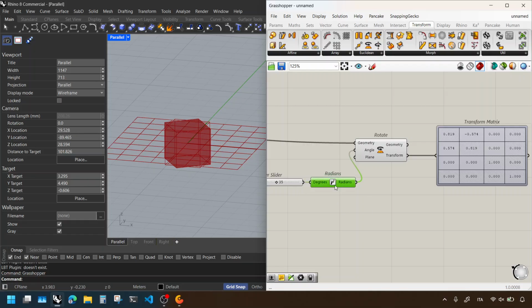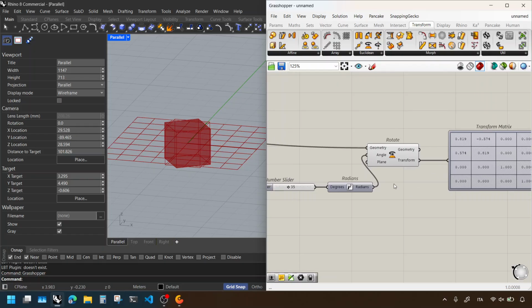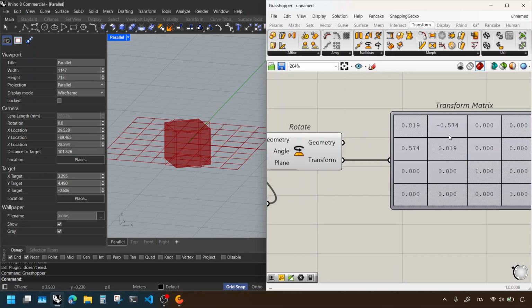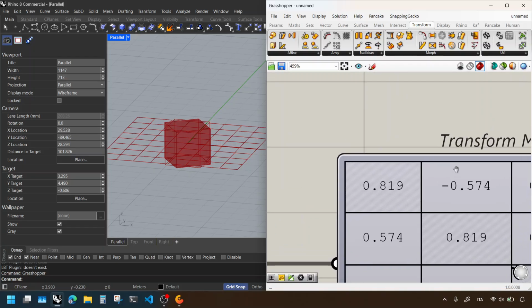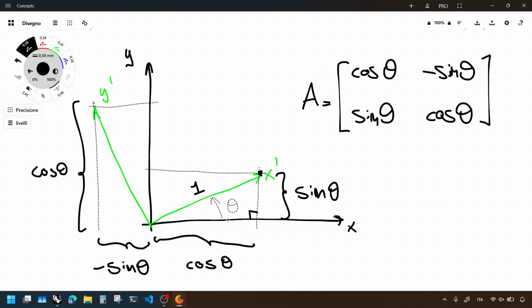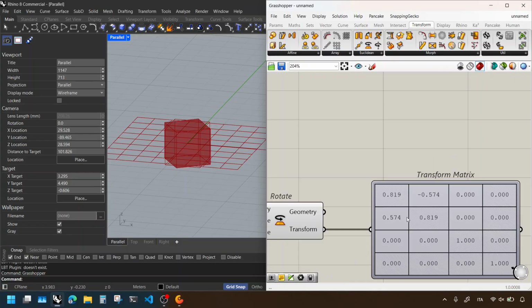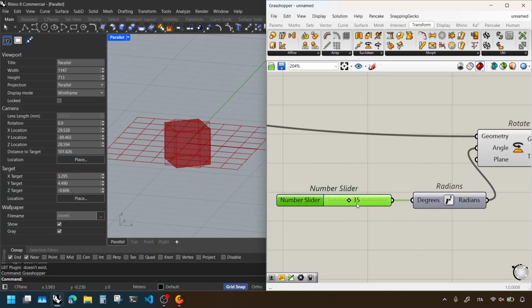And you see that rotation is really the same as shear in terms of how you encode it into the transformation matrix. It's just that with shear you plug in one value, while with rotation you plug in these four values. So these are the same four values that we get here: cosine theta, minus sine of theta, sine theta, and cosine of theta. Okay, so those are the same numbers. So let's actually go to 30 instead of 35.